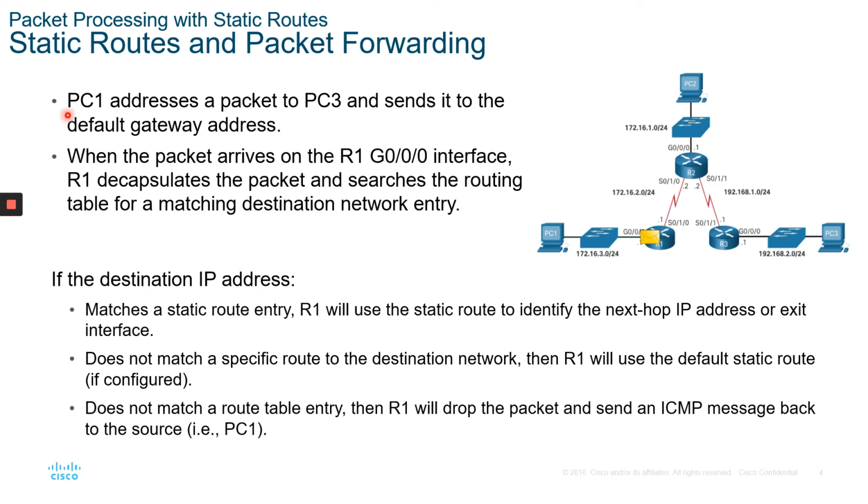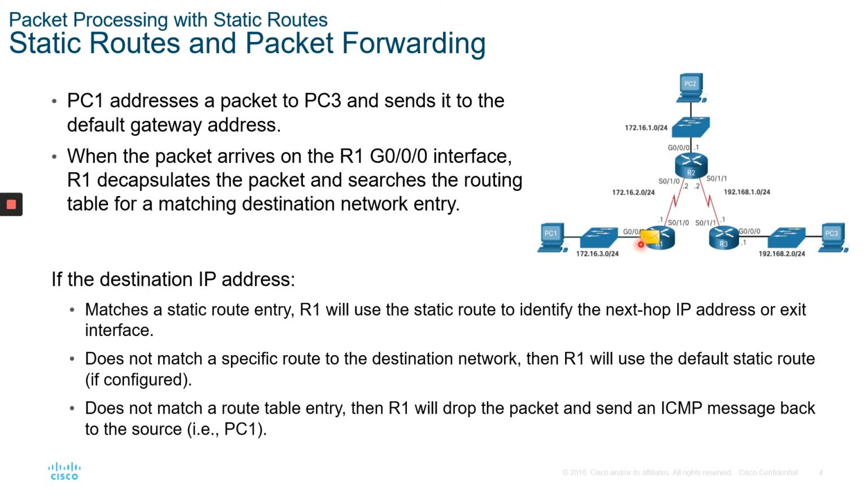So the first one is PC1 addresses the packet to PC3 and sends it to the default gateway. Now it's very important to understand these terminologies. The default gateway in this case is R1. This is the router to which all the computers in one network are connected.